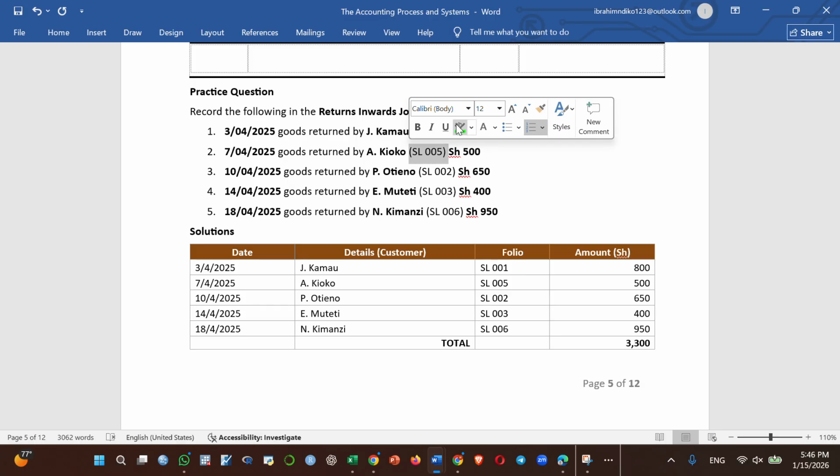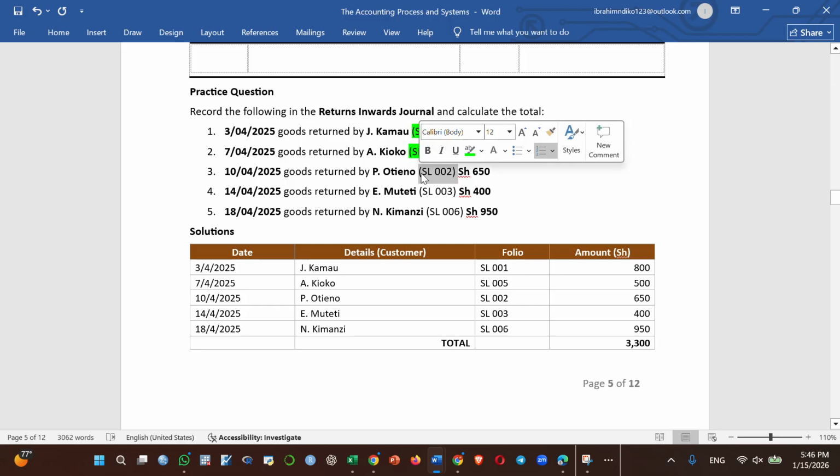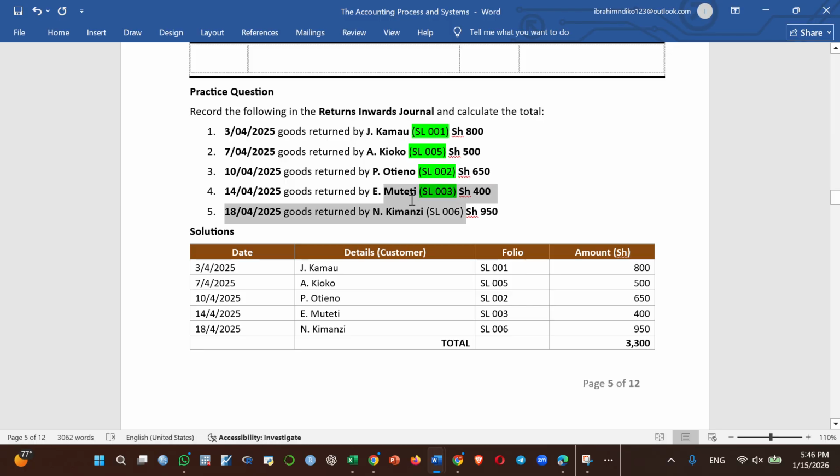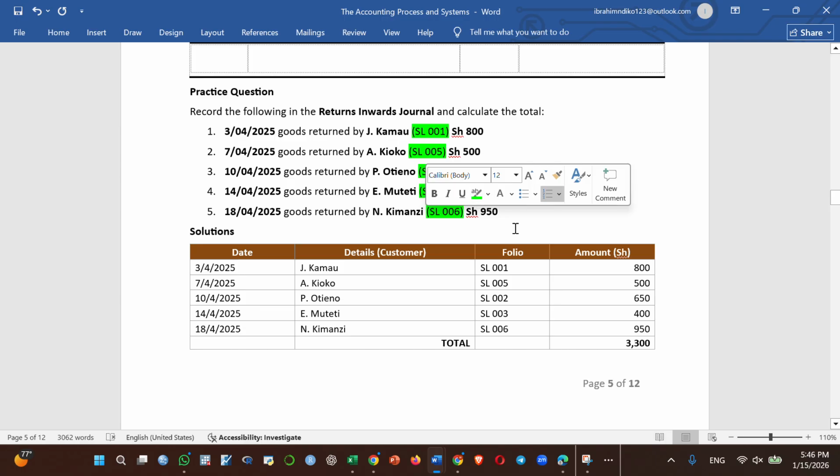Then on 7th, there were also goods returned by Kyoko, 500. Then on 10th, there were goods returned by P. Otieno. Then on 4th, there were goods returned by A.E. Muteti, 400, with their folio number. And then on 18th, there were also some goods returned by Kimanzi, 9,500. Now the format is the same.